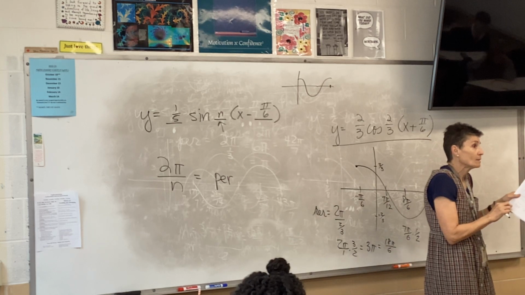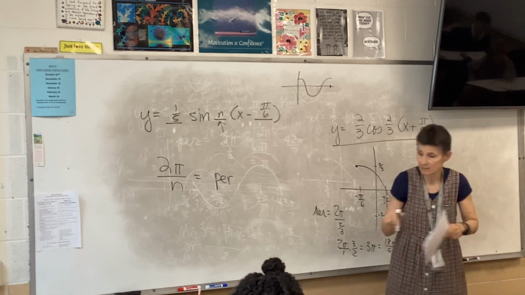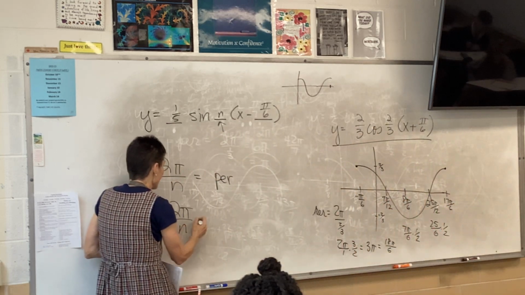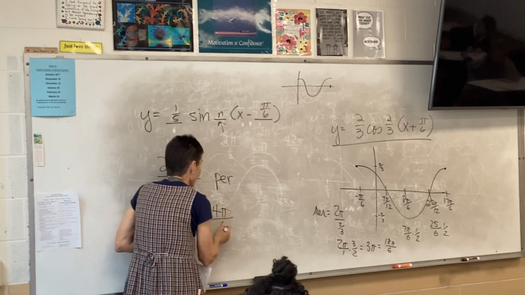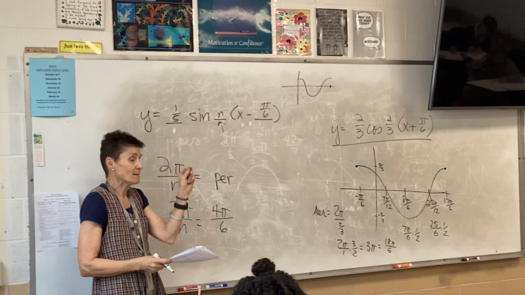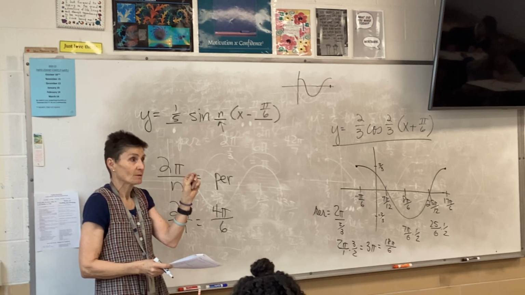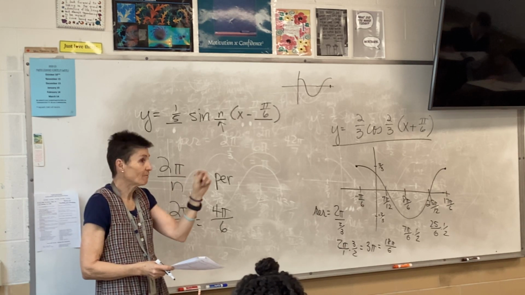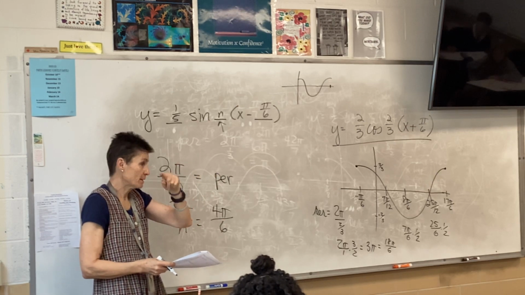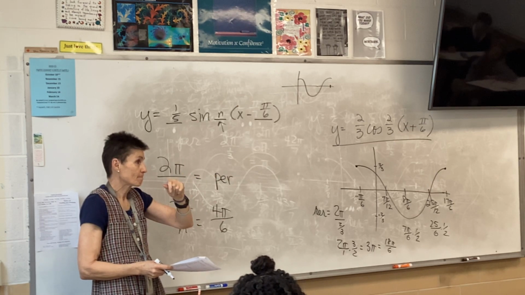Is it 4 pi over 6? It's 4 pi over 6. So 2 pi divided by n has to be 4 pi over 6. Look at your picture, guys. Everybody see where we got 4, 6? We went from 1 to 5. That's 4. Period is start to finish.